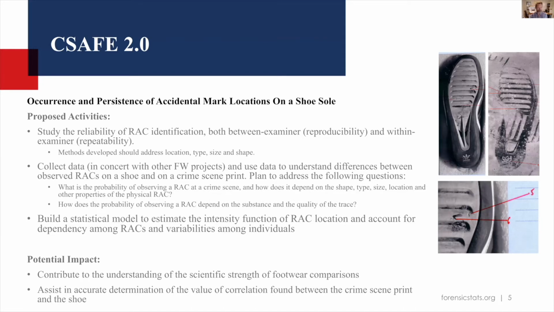And the activities that are proposed or ongoing here: first is trying to understand the reliability of rack identification, both between examiners in terms of reproducibility, but also questions of repeatability by a single examiner. So we want to understand which racks are reliable and reproducible in this sense.